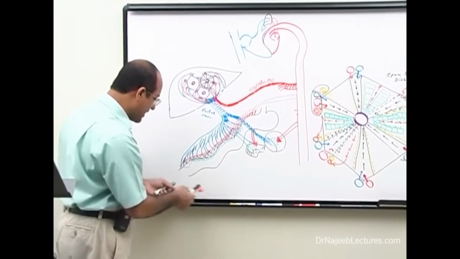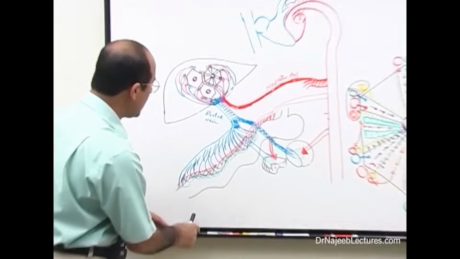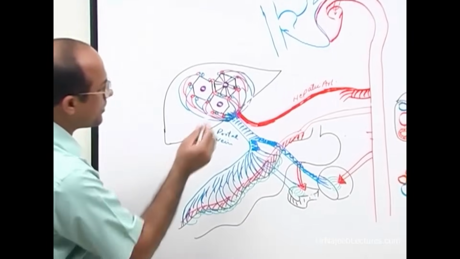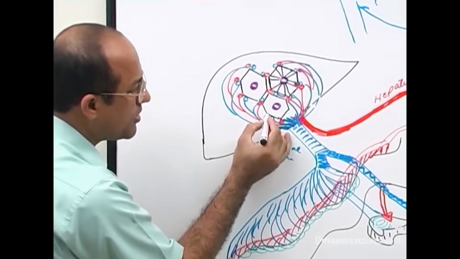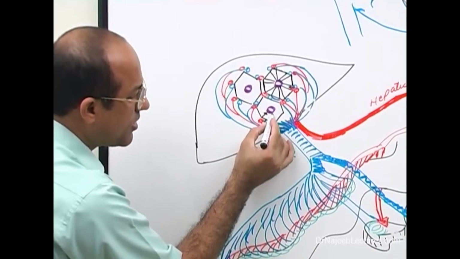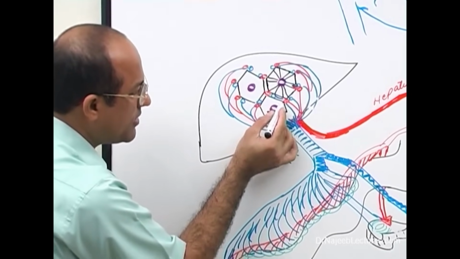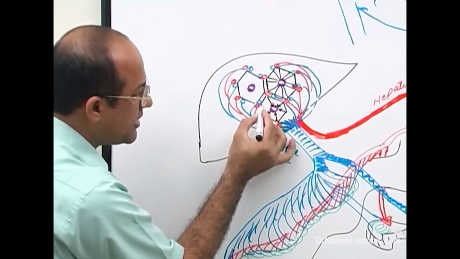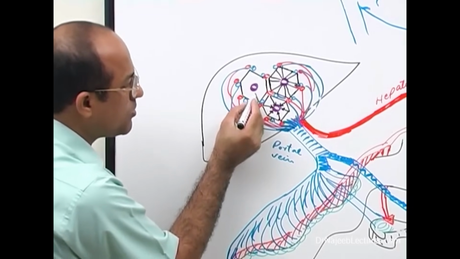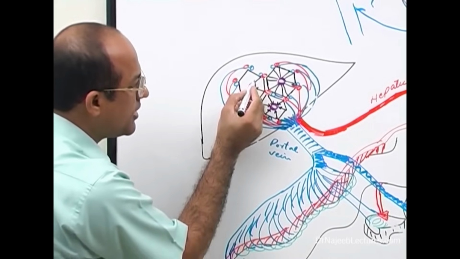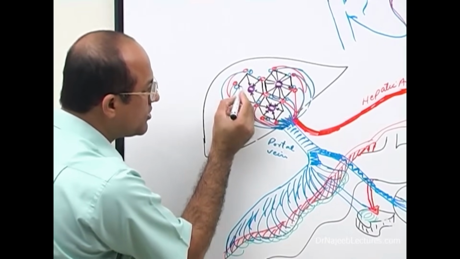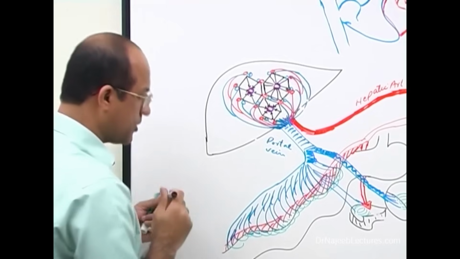If we look at this diagram, how will you mention that blood is moving from the periphery to the center? Blood is moving from the periphery to the center into these hepatic classic lobules.